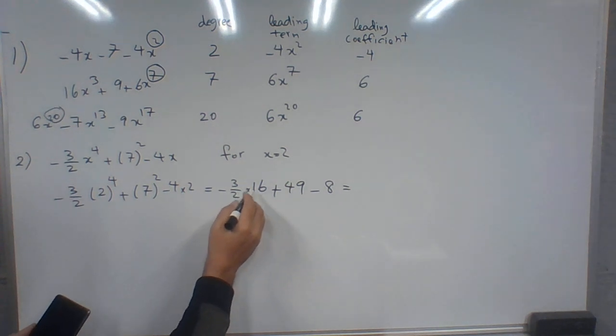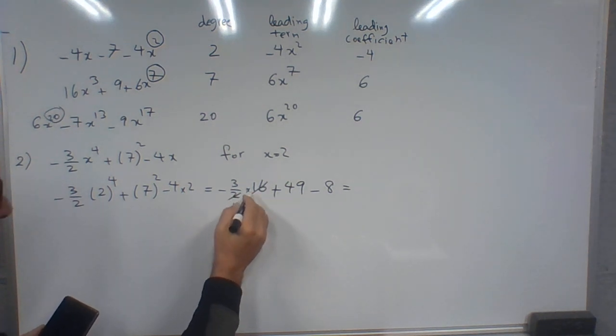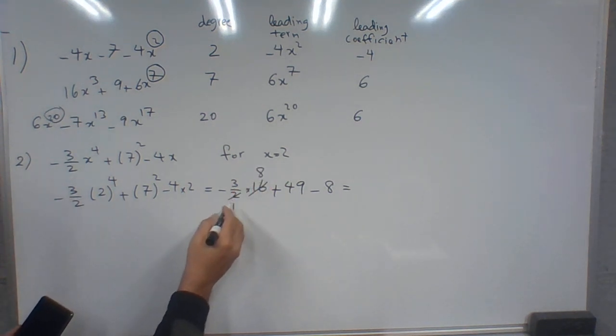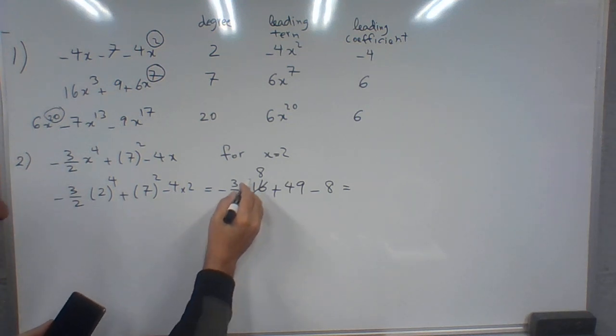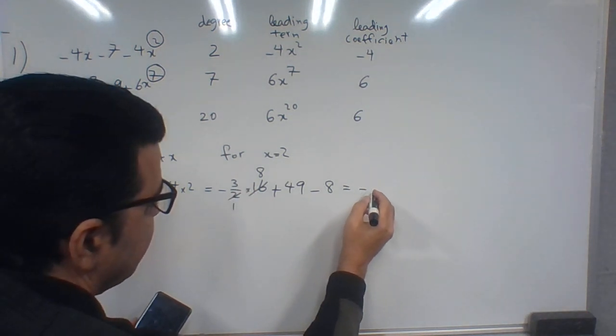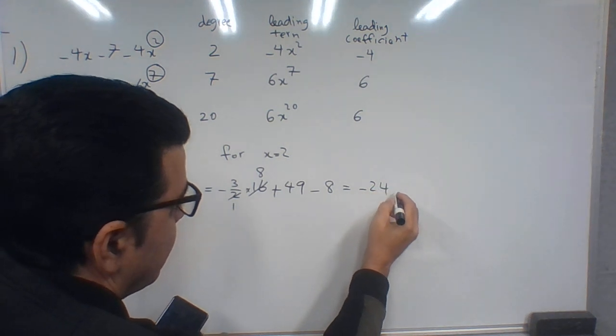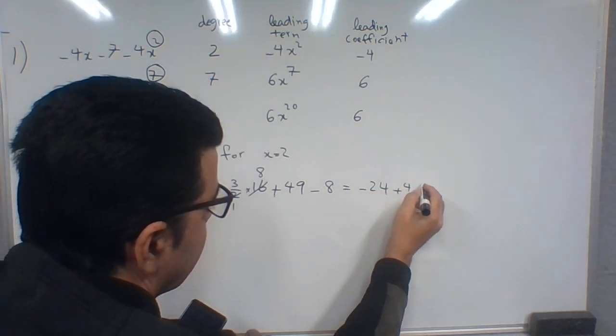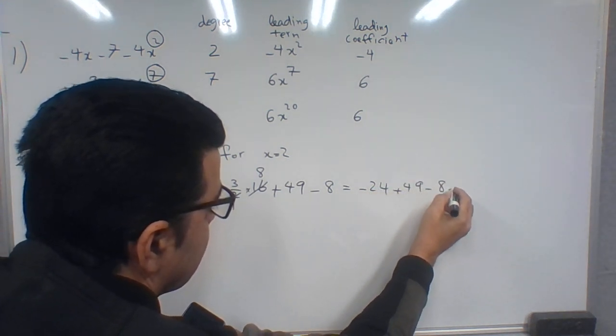So we get, simplifying 16 and 2, so this is 1, this is 8. I divide 16 by 2. Negative 3 times 8 is negative 24 plus 49 minus 8.